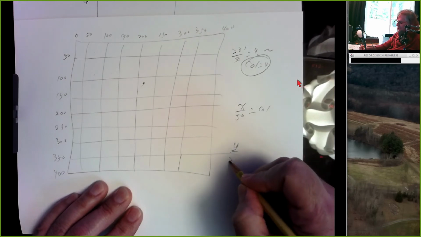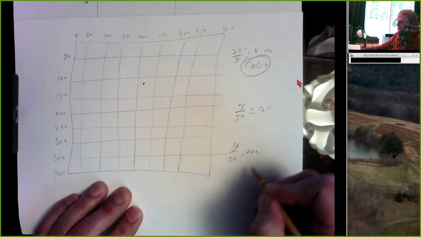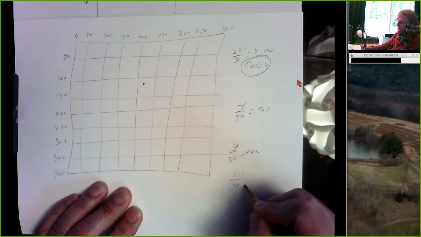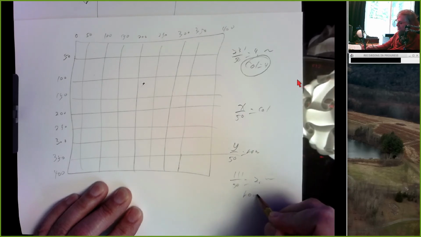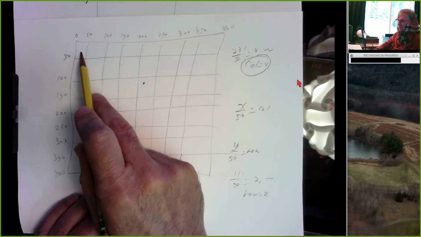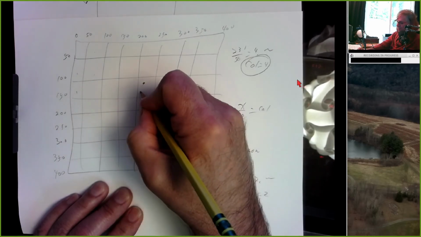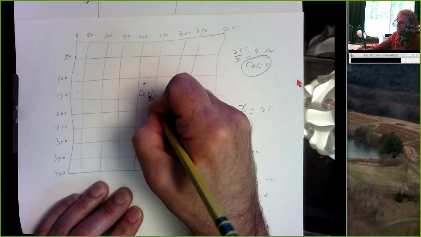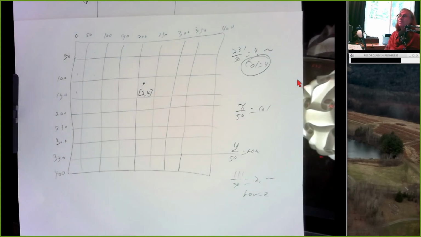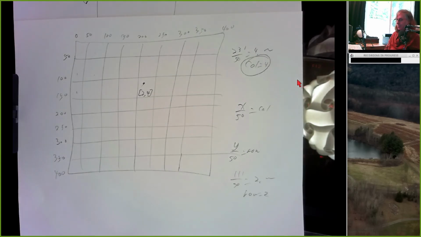And if we take y and we divide it by 50, that's going to be the row. 111 divided by 50 is 2 point something. The row is equal to 2. 0, 1, 2. So this is row 2, column 4. Go ahead. I guess when you're rounding down, I'm assuming that's like the floor.